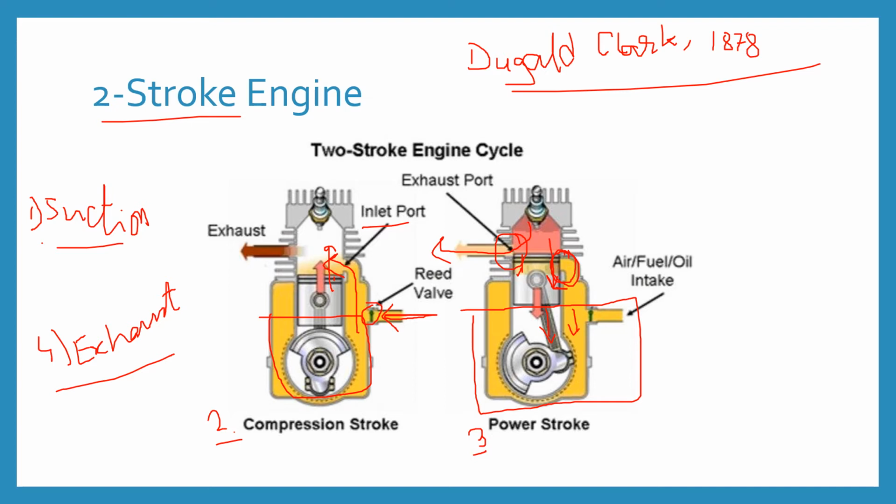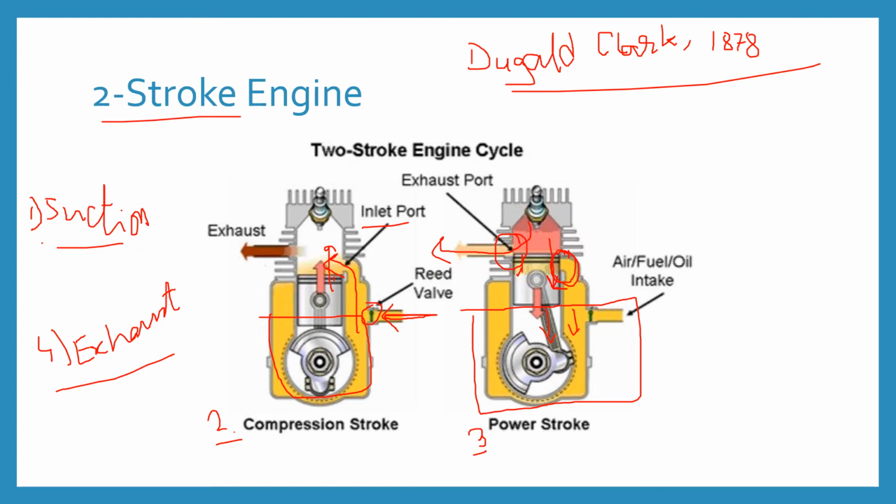Here we can see the fresh air fuel mixture is entered into the crankcase area via the spring loaded inlet valve, and at that time the piston moves, and when the fresh air charge is induced in the crankcase of the cylinder, the piston moves from BDC to the TDC.